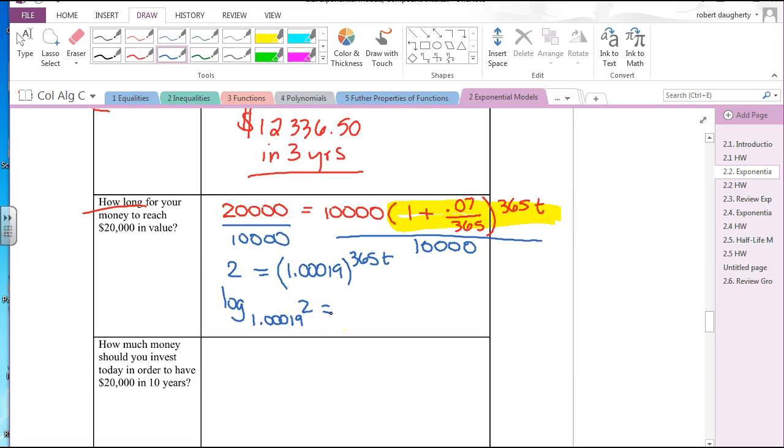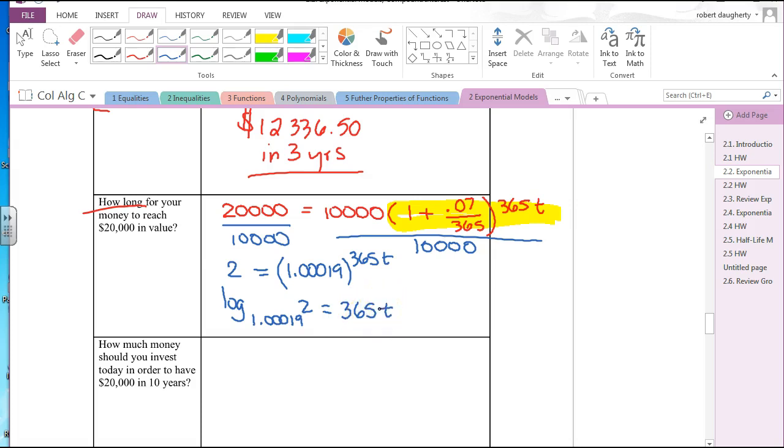Now somebody tell me, what is the log base 1.00019 of 1.00019 to the 365t? 365t. You've got to get to where you just know that. So when I take the log of this side, that is what allows me to solve for the variable. I want to solve for t.